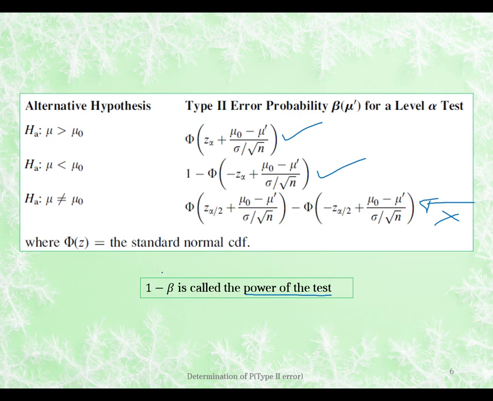So what are the chances of us rejecting the null correctly, given a specific alternative? So don't stress too much about the power of the test. We'll get back to that again, but it is an important concept. So for now, all you need to worry about is that 1 minus beta is the power of the test. So if I ask you to calculate the power of the test, you know how to do that.